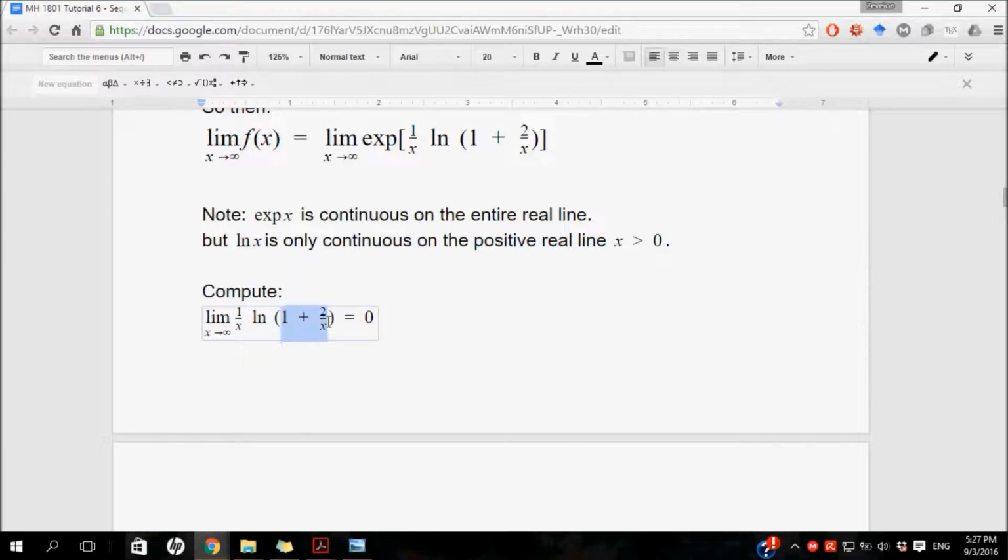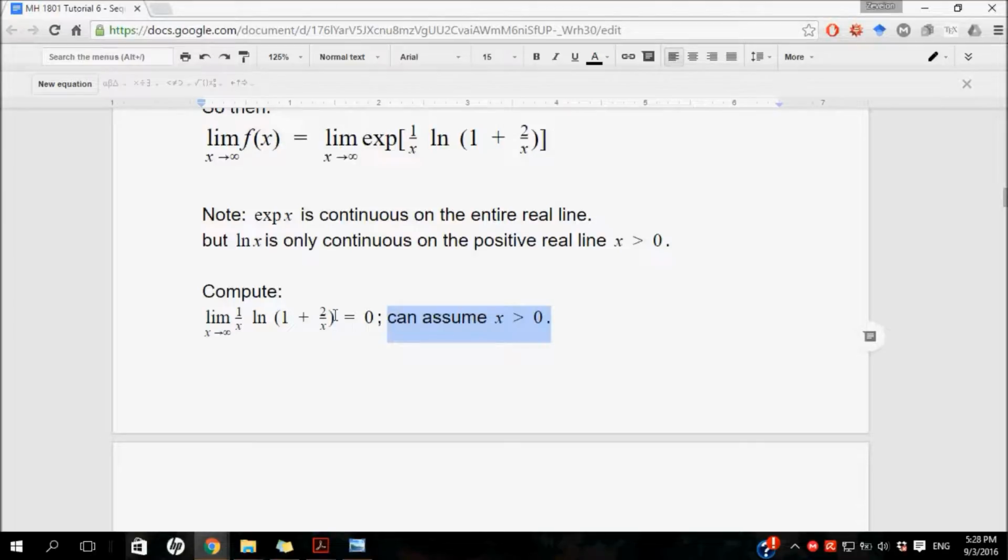So you can assume that x is going to be positive throughout. That's a reasonable assumption because x is tending towards infinity, so eventually our values of x, put into this formula, will always be large and positive. So what we see is that whatever is on the inside is going to converge to 1.